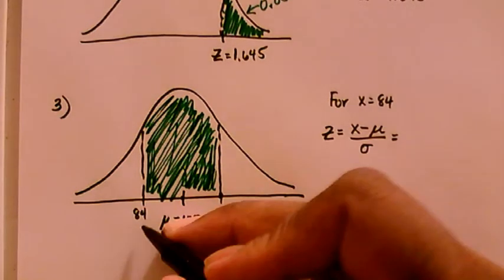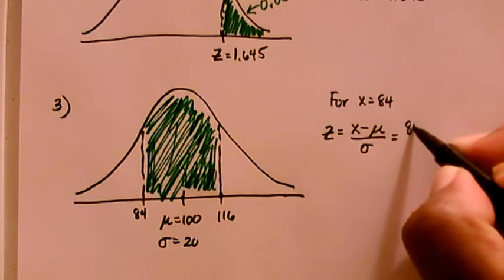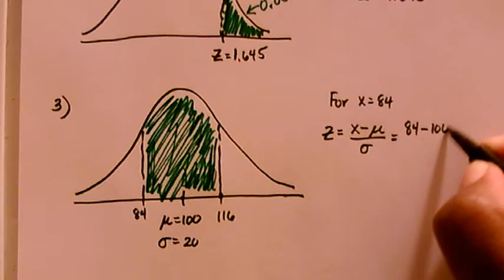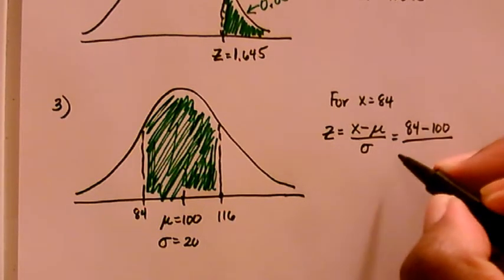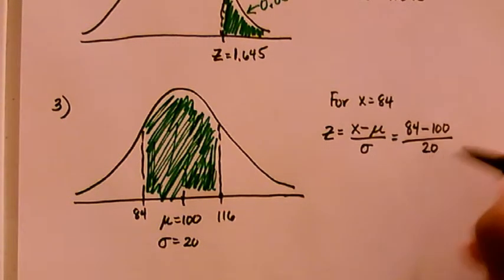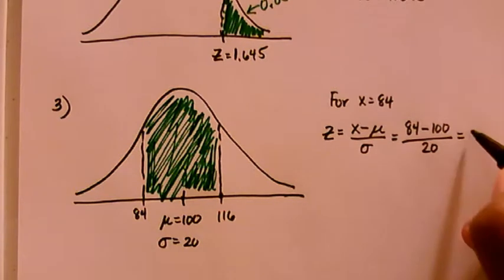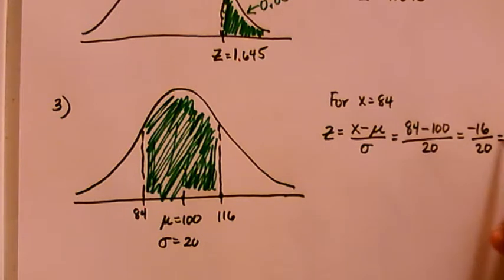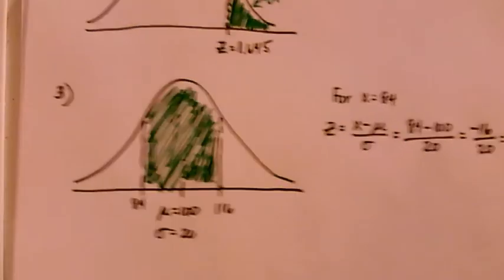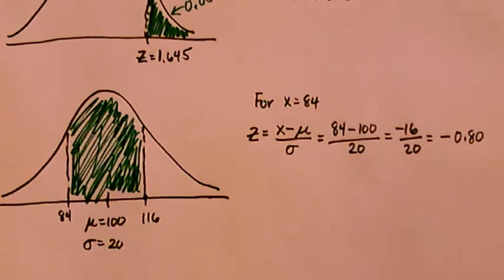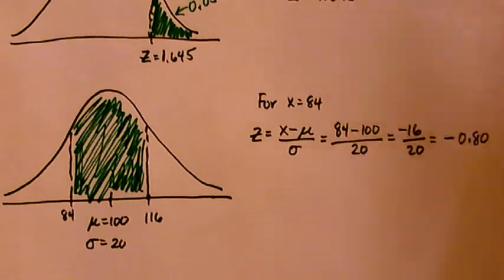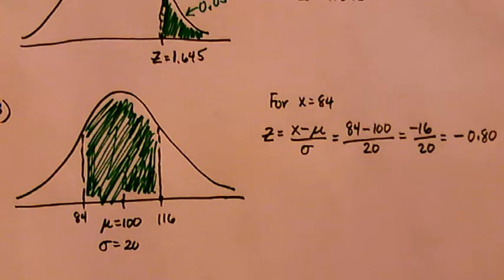Here x is 84, so that's 84 minus the mu, which is 100, divided by sigma, which in this case is 20. 84 minus 100 is negative 16 over 20, and that will give us negative 0.80. Here I'm extending it to 2 decimal places, so this will be negative 0.80.